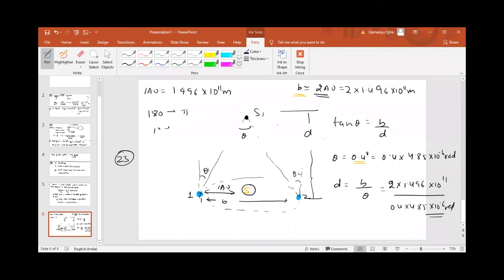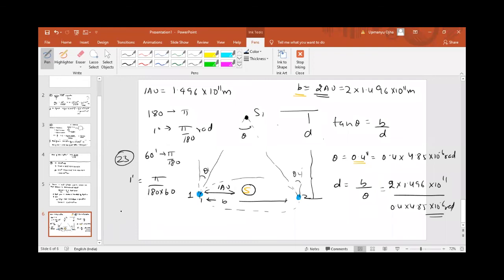So 1 degree will be equal to pi by 180 radians. Now 1 degree equals 60 minutes. So 60 minutes is equal to pi by 180 radians. So 1 minute will be equal to how much? Pi by 180 into 60.